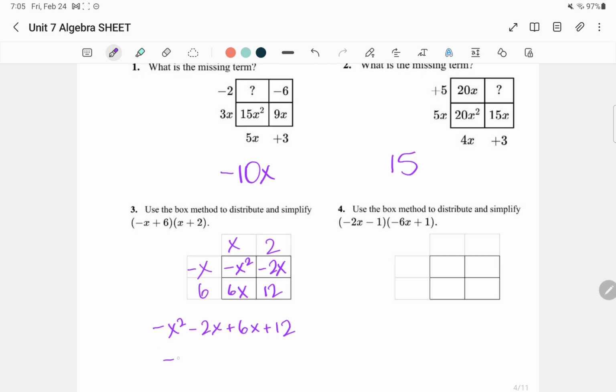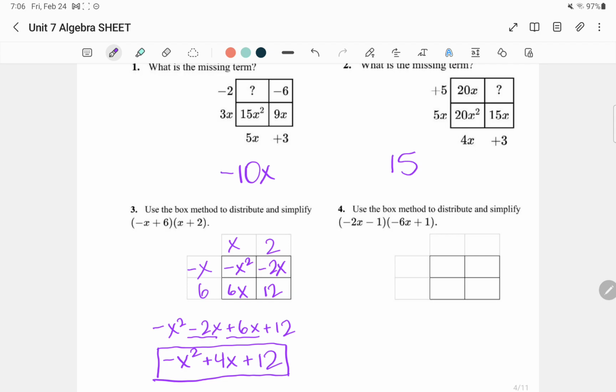So -x squared, there's nothing to combine that with. But -2x plus 6x gives me +4x. The 12, there's nothing to combine it with, so bring that down. And then I'm done. So all I did was break it up into each box, each term by itself. Then I multiplied. Then I brought my boxes down here to combine like terms.